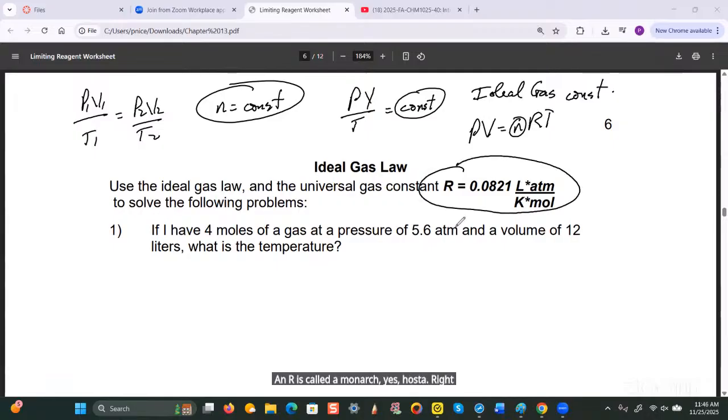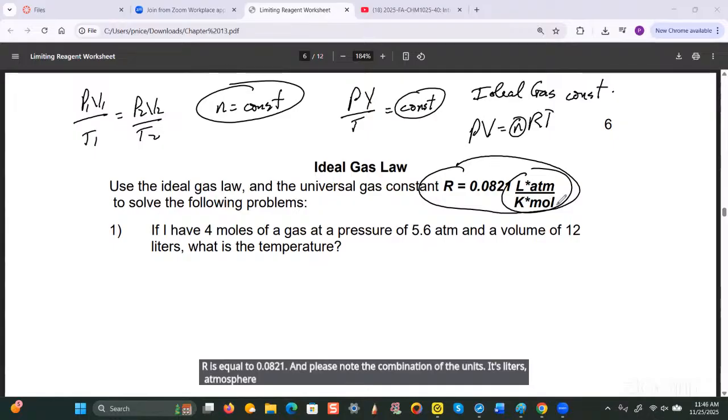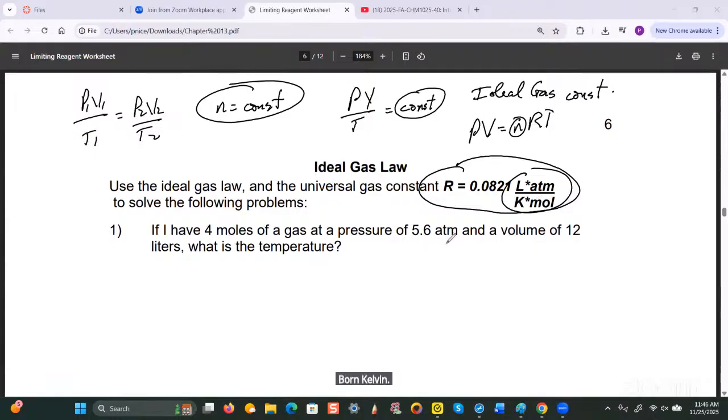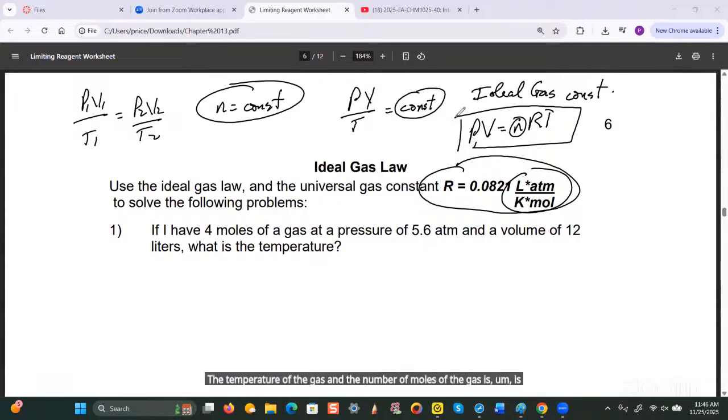And this is the value of R. R is equal to 0.0821, and please note the combination of the units. It's liters atmospheres over mole Kelvin, or Kelvin mole, doesn't really matter, all right? So that's the equation that you're going to use if the pressure of the gas, the volume of the gas, the temperature of the gas, and the number of moles of the gas is changing, right?